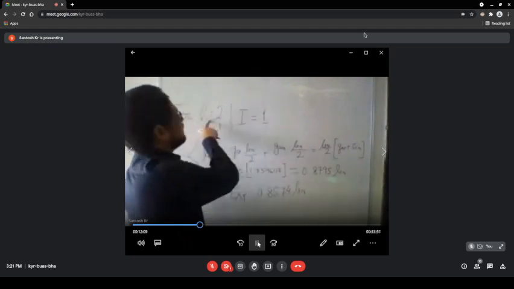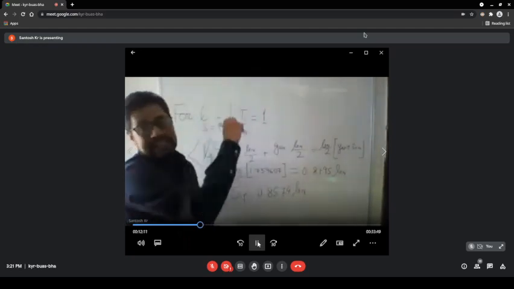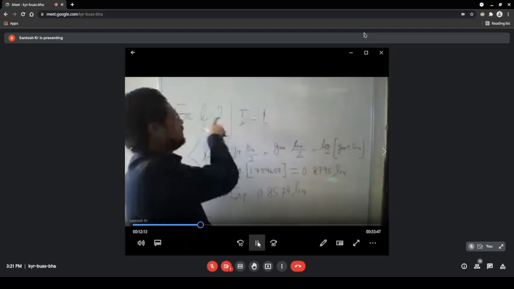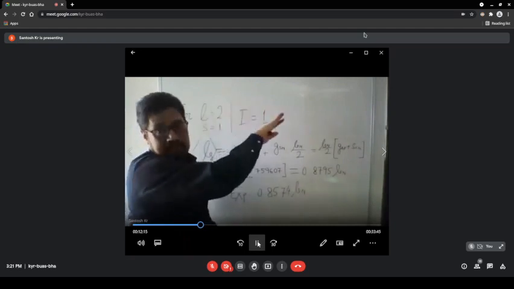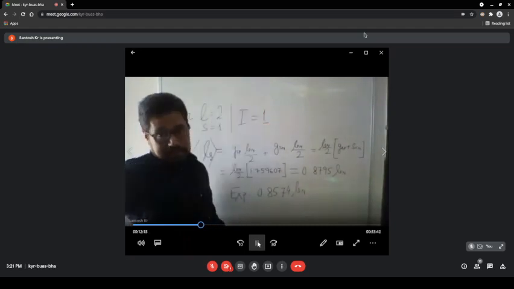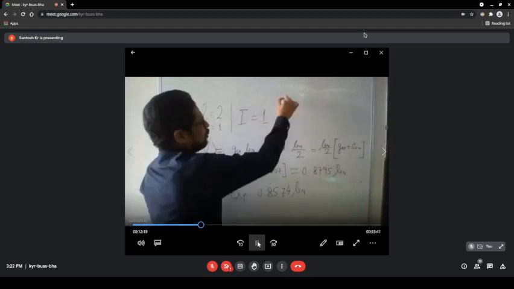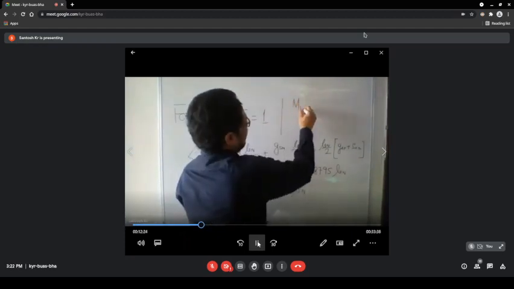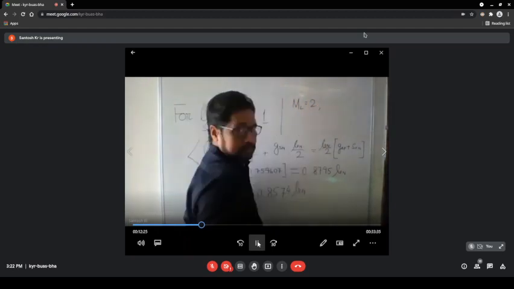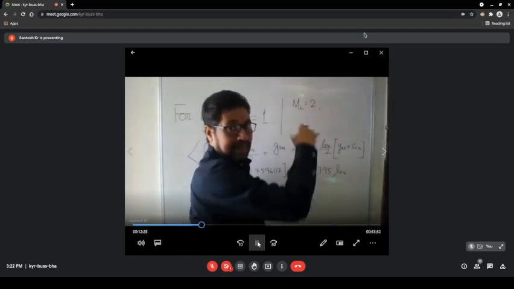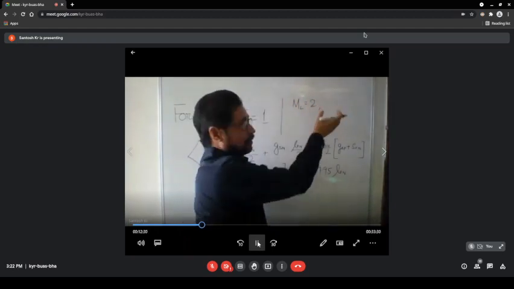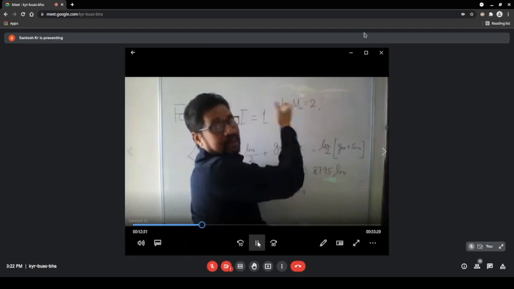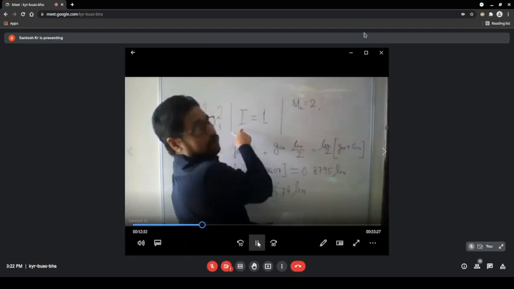And l equal to 2 means ml varies from ml to minus ml. If you do this permutation and combination, you will find that whenever ml equals 2, the other should be minus 1. Otherwise this addition will not give you I equal to 1.